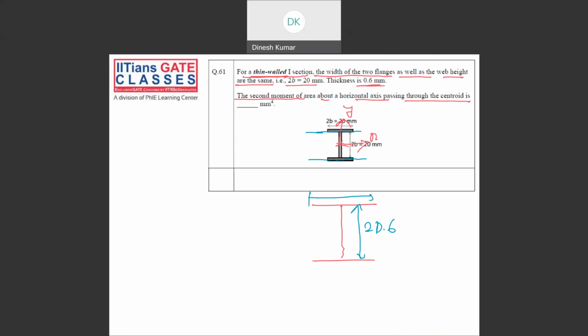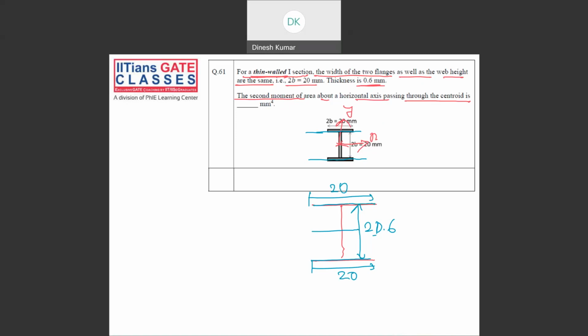The flanges will remain 20 and 20. You can check the mean line: 0.3 mm came from this side, 0.3 mm came from this side, so the height became 20.6.